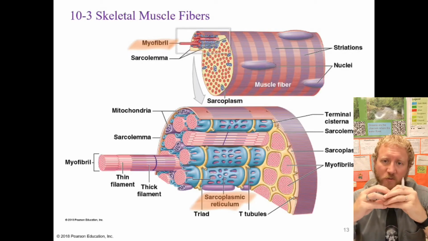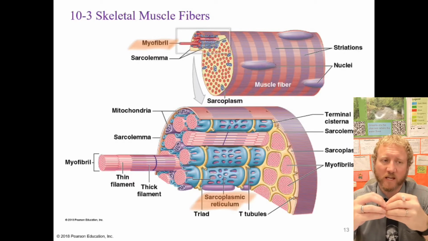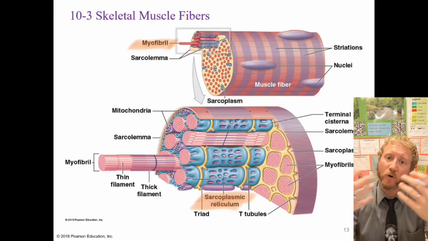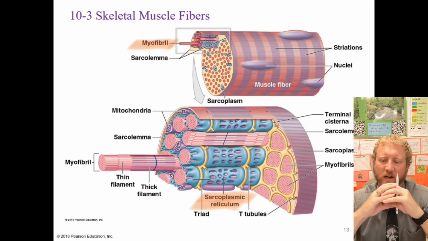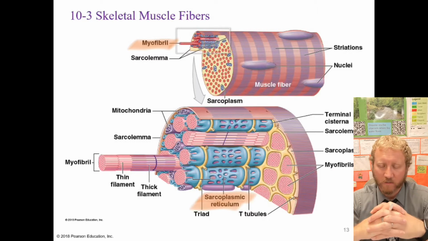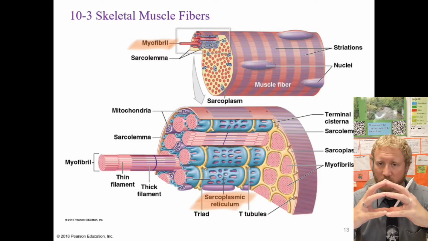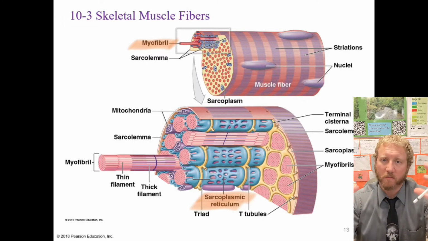If you bundle those together, you get the string. If you bundle many strings together, you get rope. If you get many ropes together, you can kind of think of it as cables, and so on and so forth. Inside of the sarcolemma is the muscle fiber. Groups of muscle fibers are fascicles. Groups of fascicles make up the muscle.